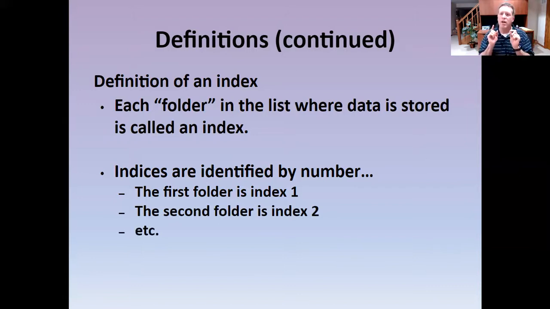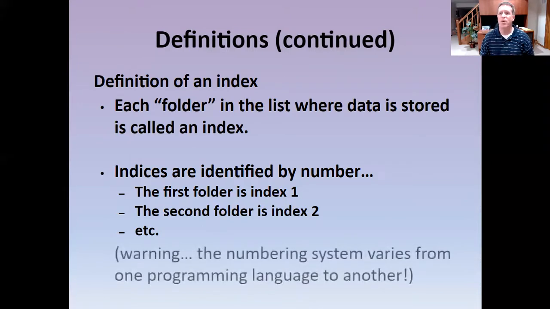Okay. Now, another little word of caution that's going to come up later in the school year when we move from App Inventor to other programming languages. App Inventor is really nice when you're first learning lists because the first folder, the first slot, the first index is number 1, and the second one is number 2, and so on and so forth. But in a lot of programming languages, they number it differently.